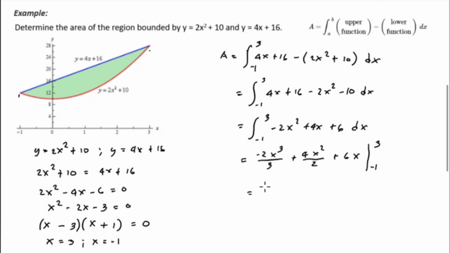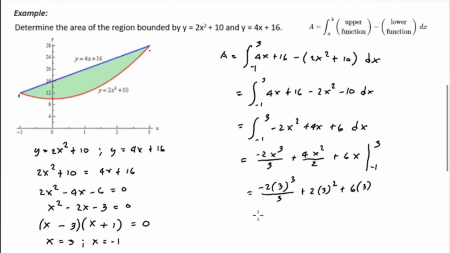Substitute the value for the upper limit, which is 3: negative 2 times 3 cubed all over 3, plus 4 over 2 is 2, so plus 2 times 3 squared, plus 6 times 3.